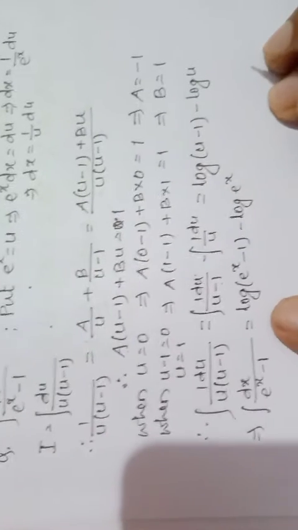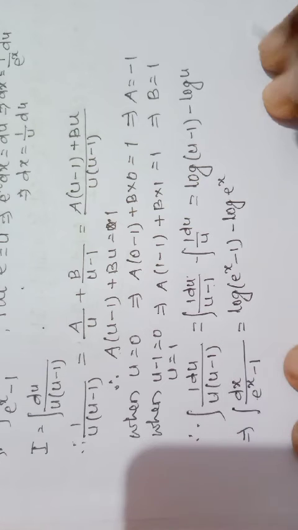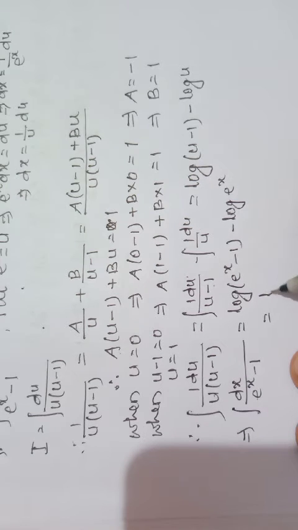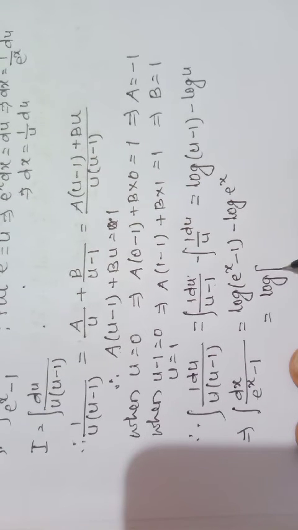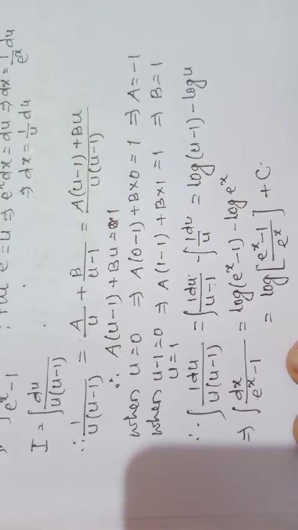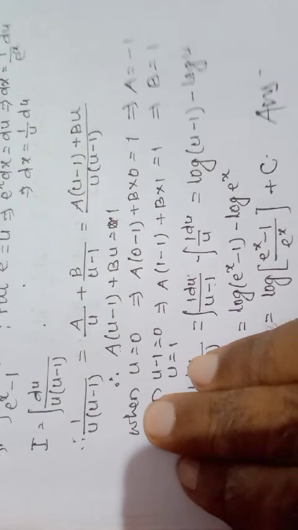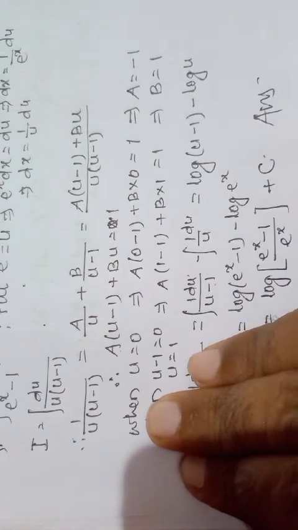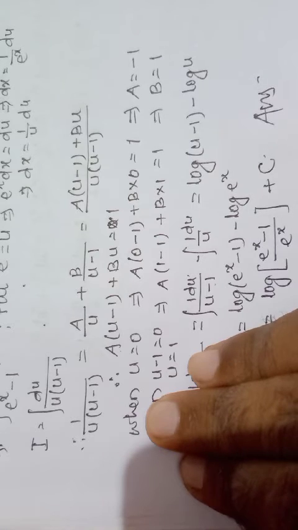Apply the properties of log: log of e to the power x minus 1 upon e to the power x plus integral constant c. So students, in this way we solve the problems of partial fraction.